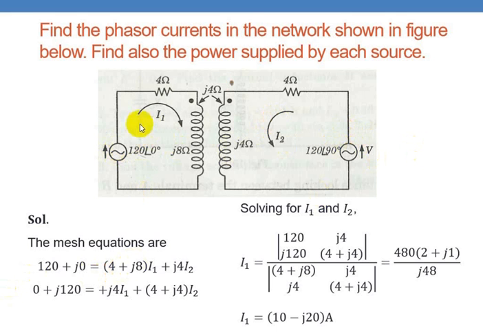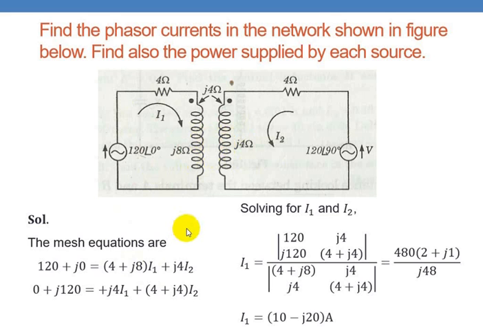The mesh equations: for this mesh, it is 120 plus J0. The voltage itself you can write as equal to the sum of the voltage drops. That is, you add in this case the resistance and reactance in this part of the circuit. So in this mesh, that is 4 plus J8 into I1. Then you may not see a common element between the two circuits, because these two are only coupled circuits.